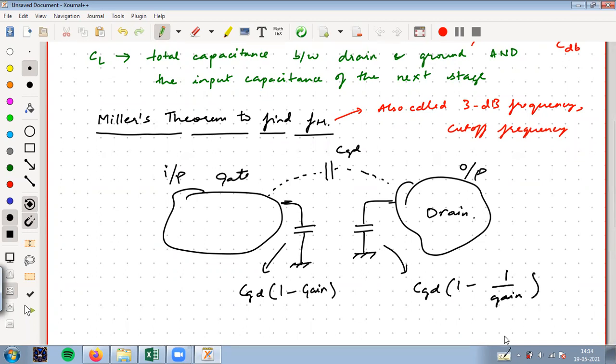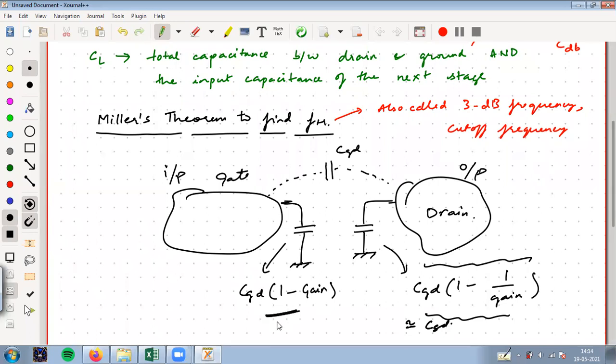If you take these capacitances CGD, CGS, and all these parasitic capacitances, they are usually in femtofarads, a very small value. If you look at the output part, it is CGD into (1 minus 1 by gain). Gain is usually a large value, so 1 minus 1 by a large value is almost equal to 1. So this will almost be equal to CGD.